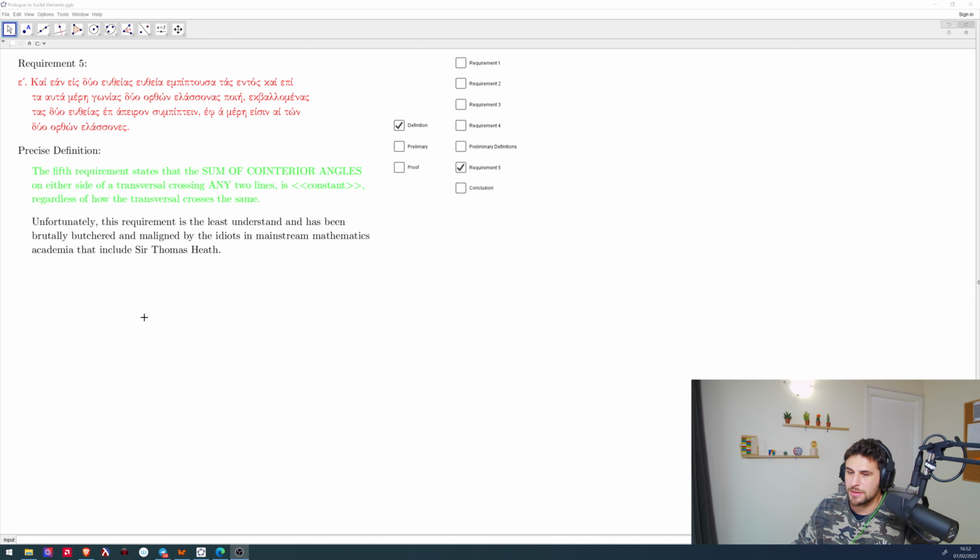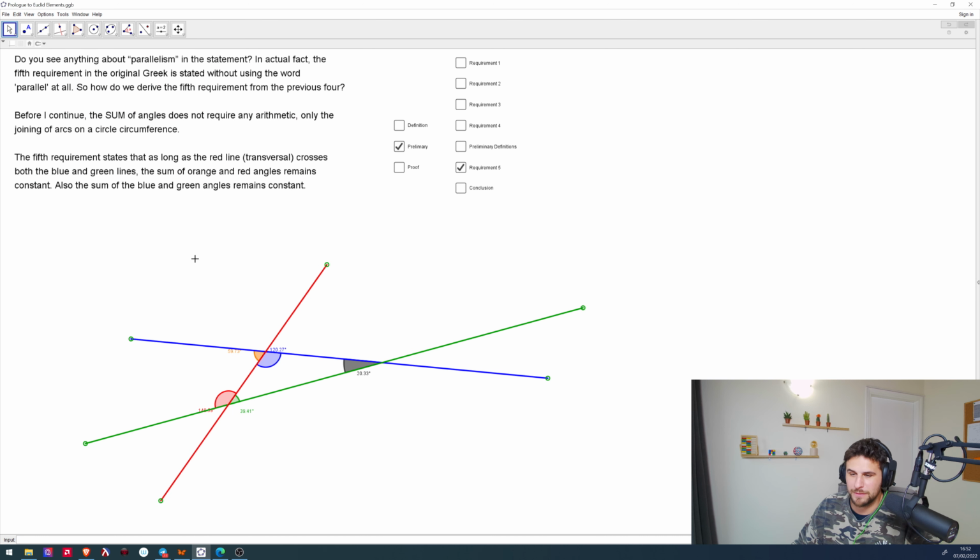As you can see, this is very different from what's taught about how the fifth requirement has anything to do with parallelism. So do you see anything about parallelism in this statement? The fifth requirement in the original Greek is stated without stating the word parallel at all.